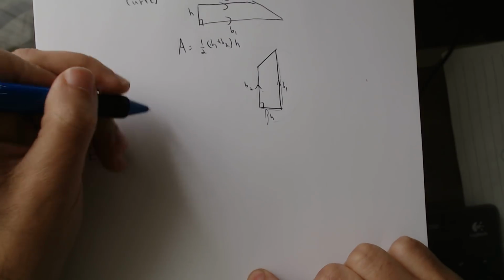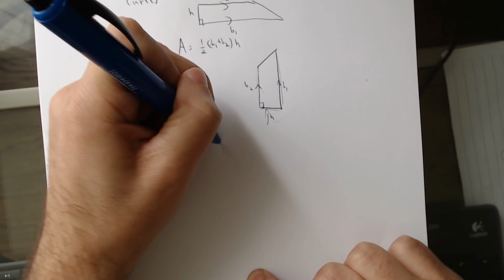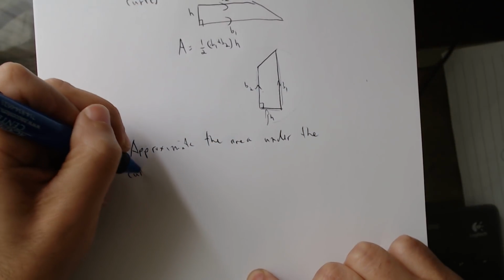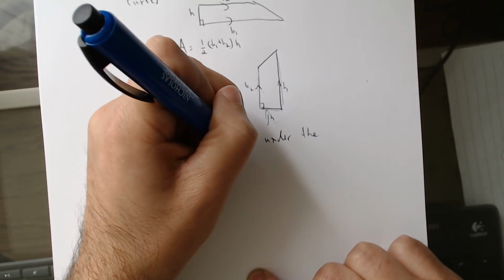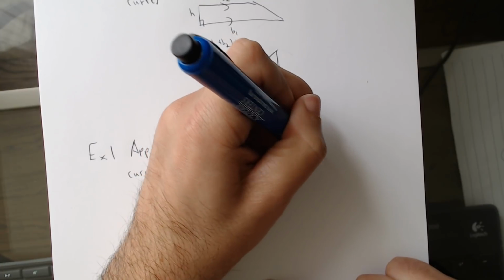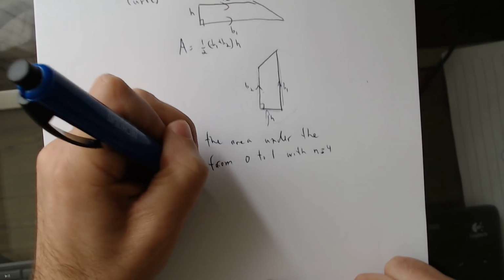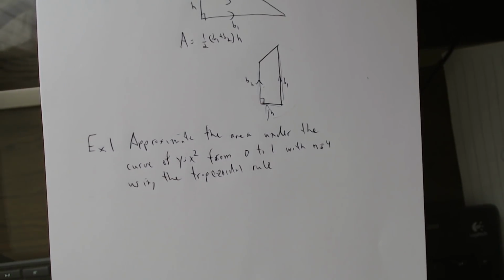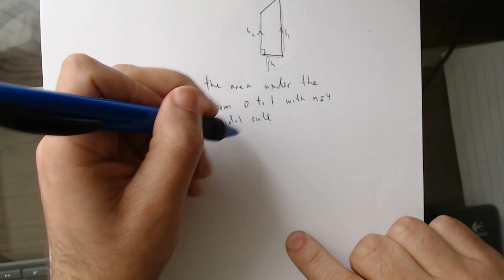So what we're going to do is approximate the area under the curve of y equals x squared from 0 to 1 with n equals 4 using the trapezoidal rule. So let's actually do this.